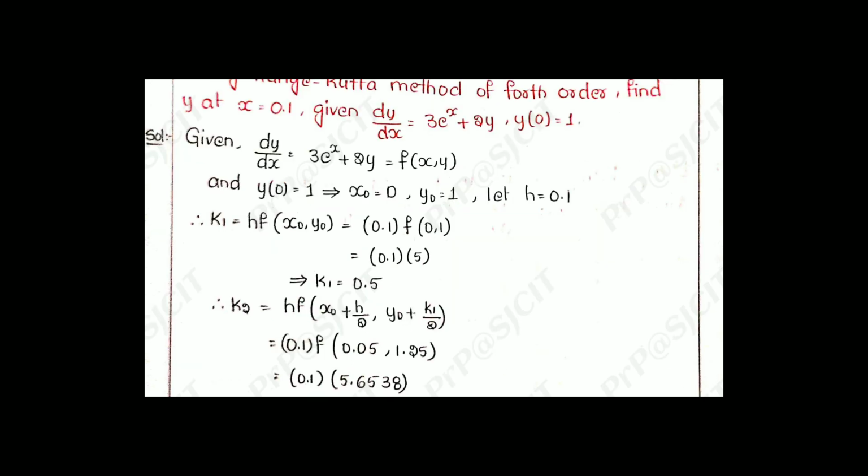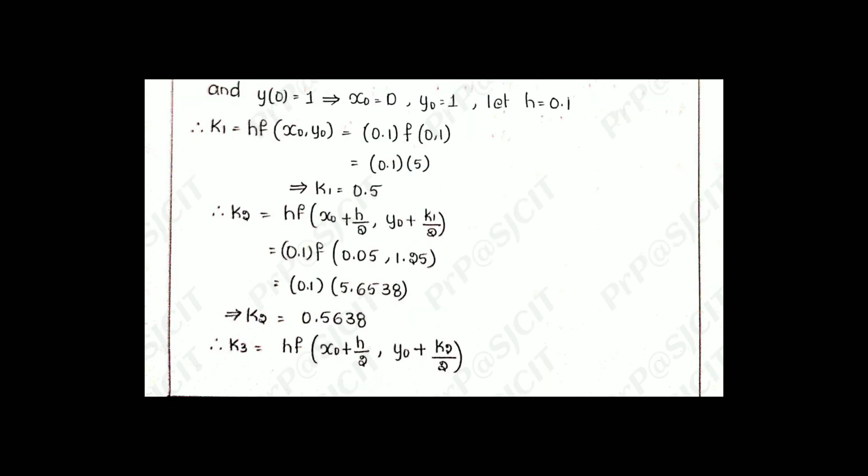Then we move on to find the values of k1, k2, k3, k4 respectively. K1 is equal to h of f of x naught comma y naught. H means 0.1. The given f is as it is, x naught comma y naught, which is already 5. Multiply with 0.1, we get 0.5. And k2 is equal to h of f of x naught plus h by 2 and y naught plus k1 by 2.